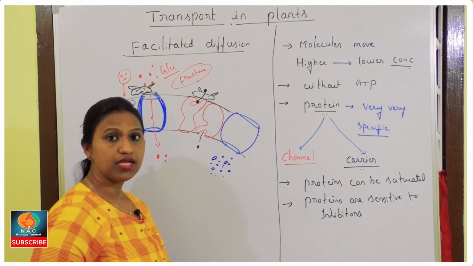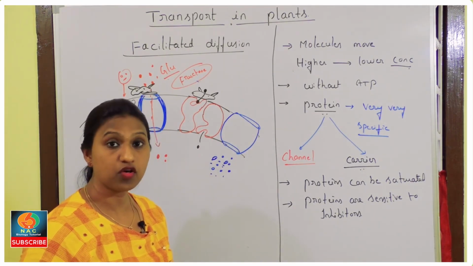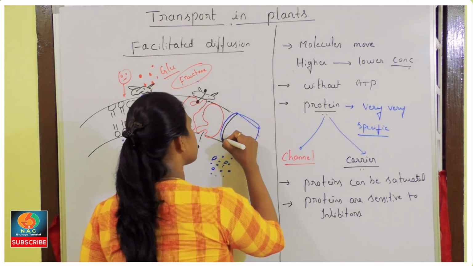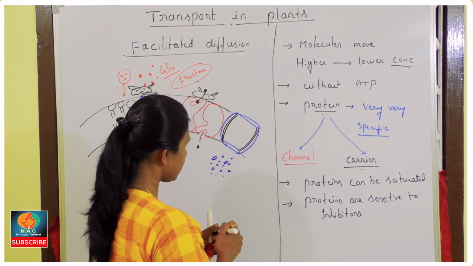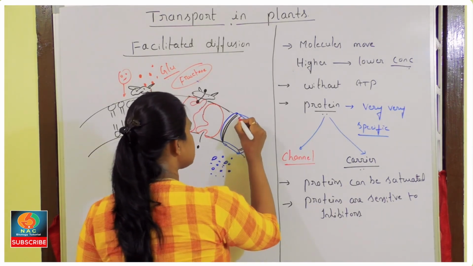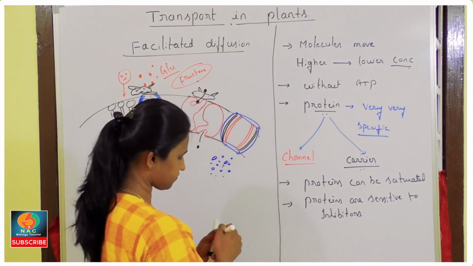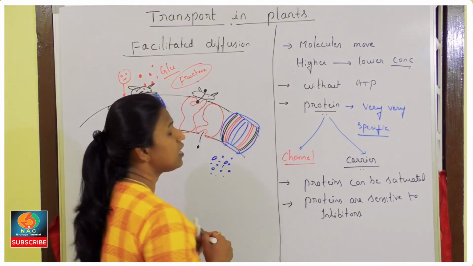This water channel is made up of a different type of protein molecule. We call them aquaporins. This is one aquaporin, this is another aquaporin, and another, like that.